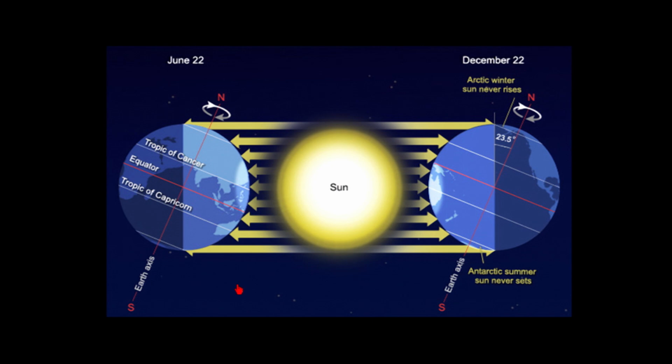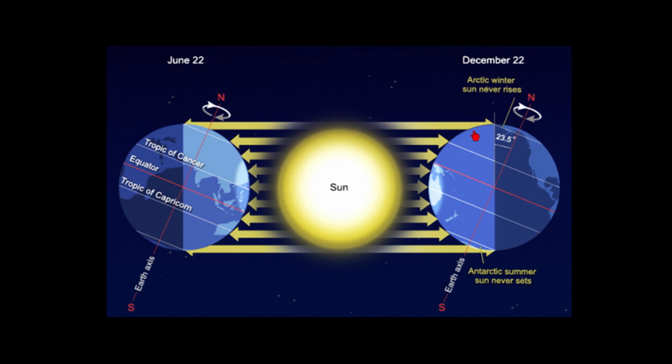In this illustration, it is not to scale. What I mean by that is, quite obviously, I hope it's understood that the Earth and the Sun are not this close together. But the idea of this illustration is to show you how the light from the Sun strikes the surface of the Earth and how the light from the Sun will illuminate different parts of the surface of the Earth depending on the tilt. If the North Pole of the Earth, in this case, is tilted towards the Sun, you'll notice that the light from the Sun seems to favor the Northern Hemisphere.